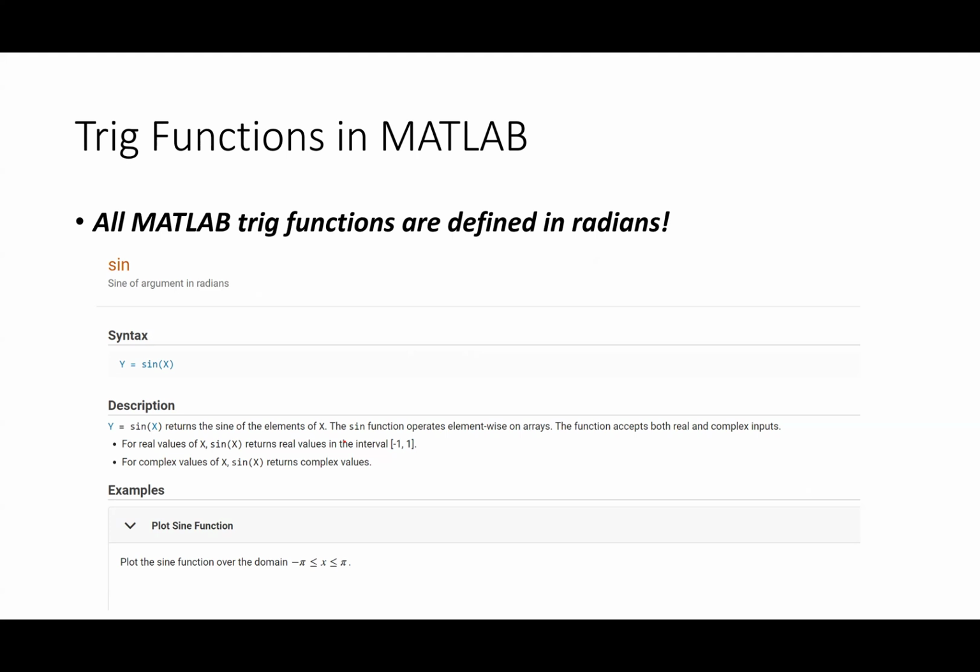All trig functions are that way. Now, where did this come from? If I want to get help on any MATLAB function, I can type, in this case, help sine at the prompt in MATLAB. I can also go to Google and type MATLAB sine, and that's actually how I got this page right here.